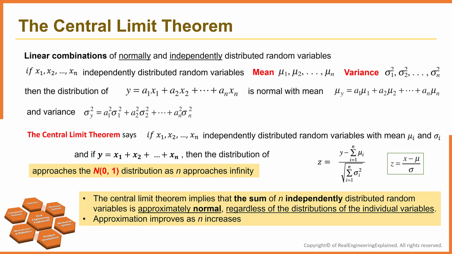The Central Limit Theorem implies that the sum of n independently distributed random variables is approximately normal, regardless of the distribution of individual variables. It could be variables from gamma, log normal, or exponential distributions. This approximation improves as n increases. We will discuss more about the Central Limit Theorem in other videos.